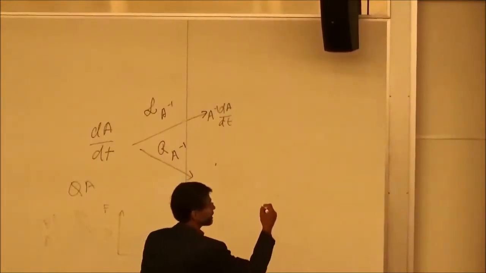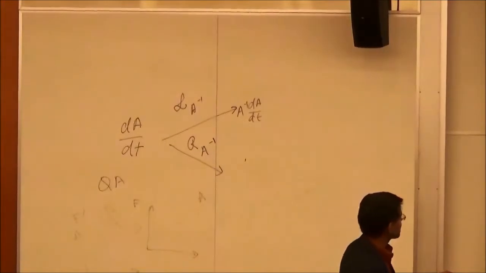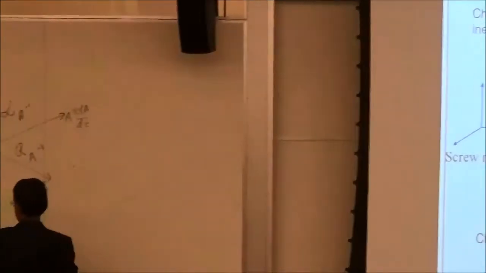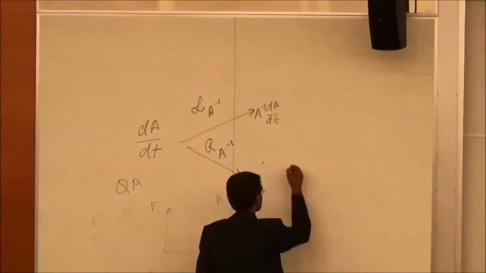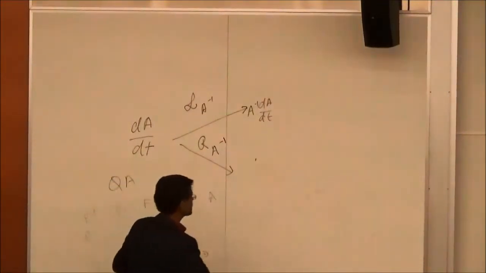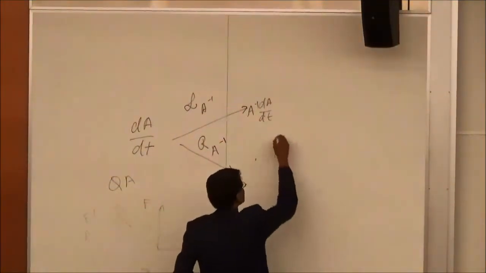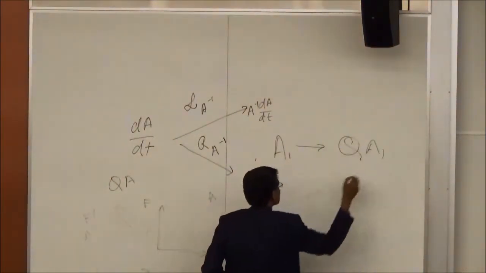So suppose I change the inertial frame. Basically, what I've calculated here, this is A1 and this is A2. So if I change the inertial frame, A1 becomes Q times A1.